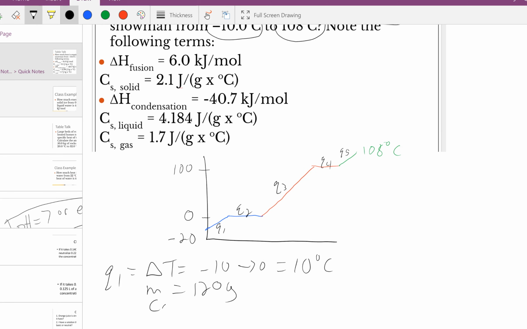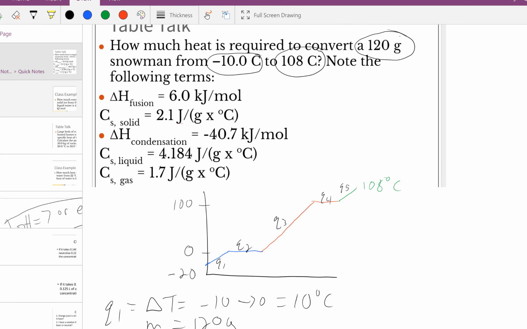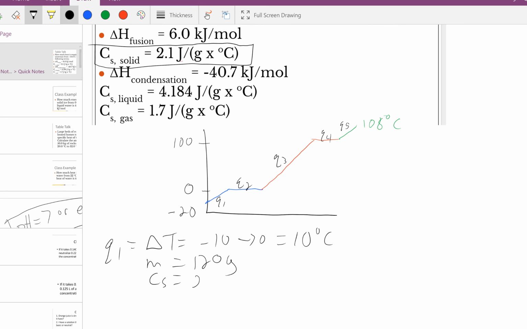The Cs, specific heat of solid ice, right here, is 2.1 joules per gram Celsius.